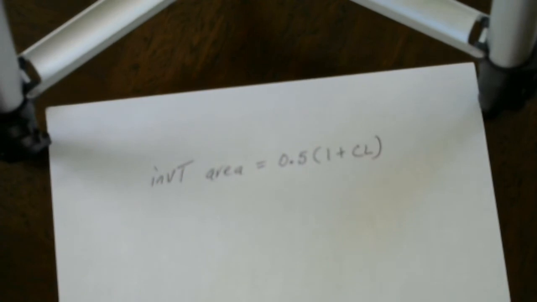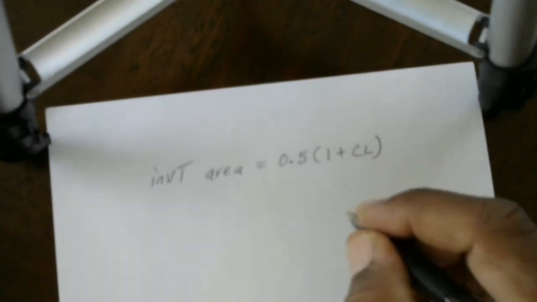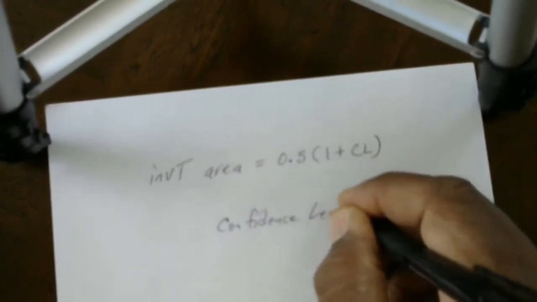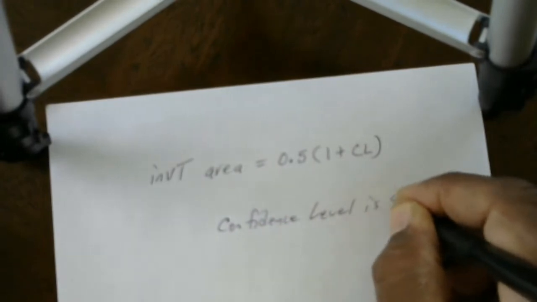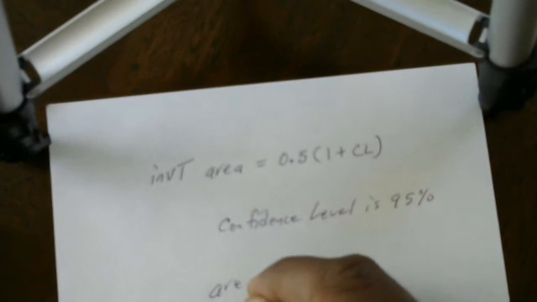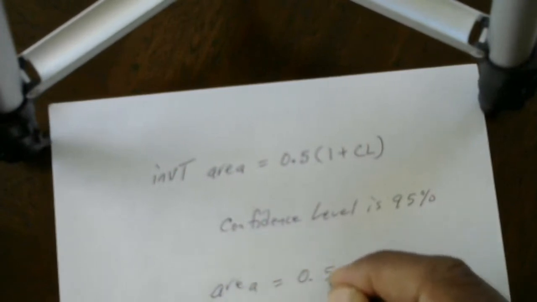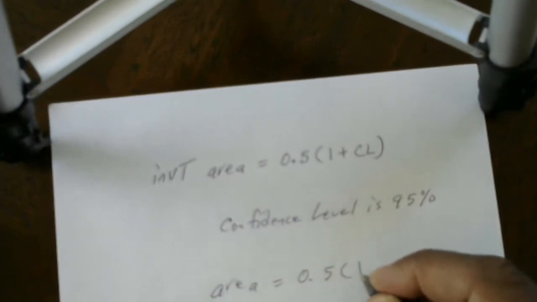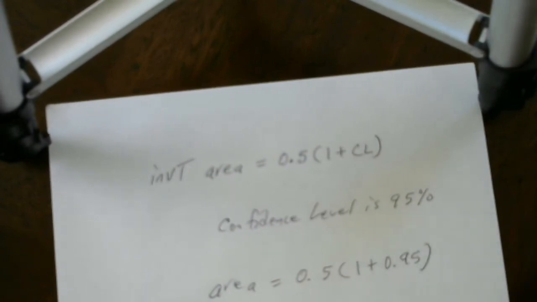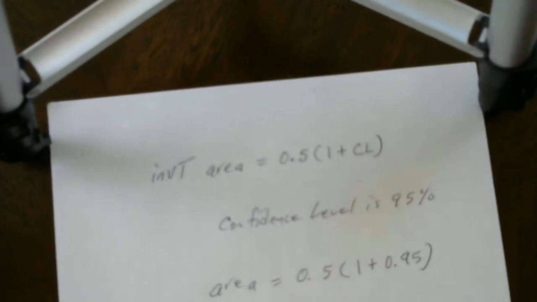In our problem, the confidence level was 95%. So for the area, I'm going to put in 0.5 times 1 plus 0.95, and I'm going to put the degrees of freedom in as 49.